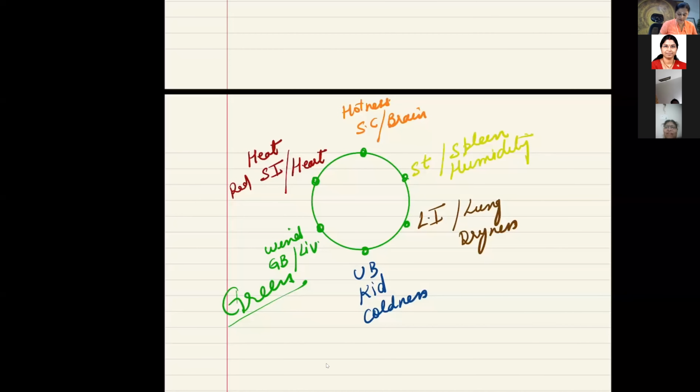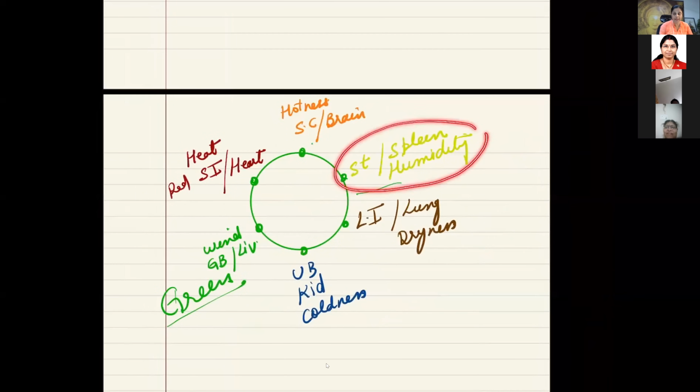For tonifying the brain, if the brain is weak, then orange color therapy is good for brain and spinal cord. If you want to focus on the stomach and spleen, then yellow color is very good for the stomach and spleen nail.